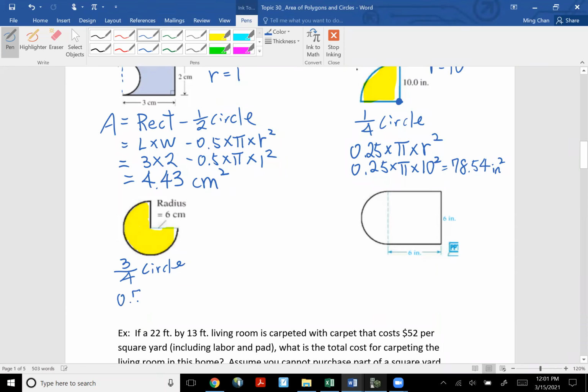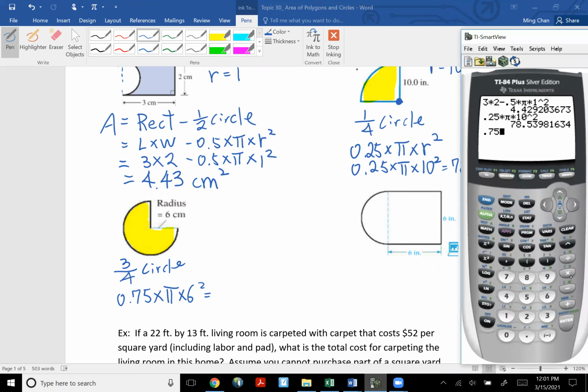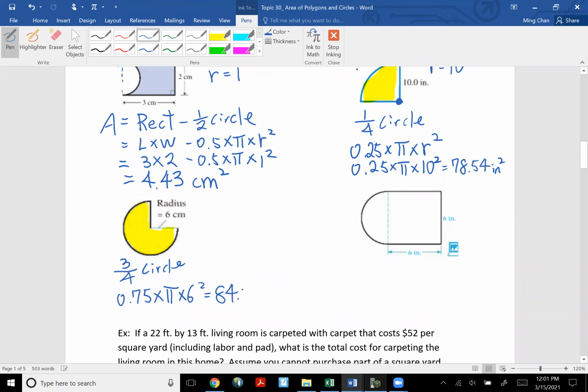So that'll be 0.75 times the pi key times 6 squared. That will be 84.82 square centimeters.